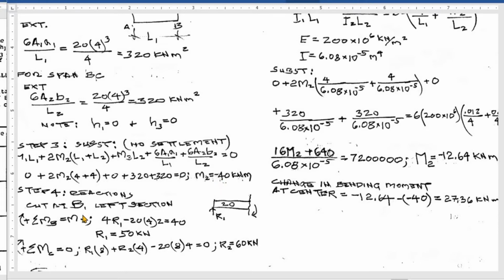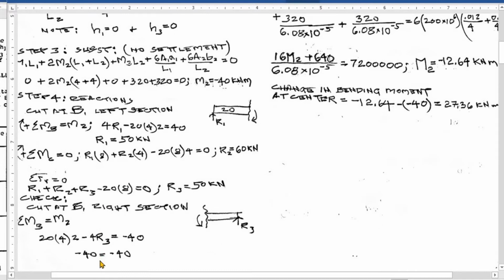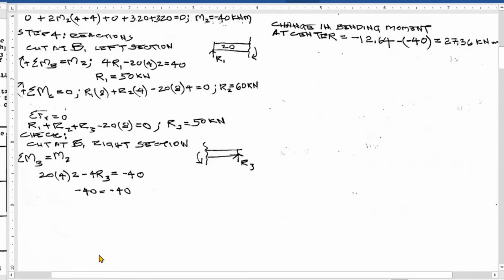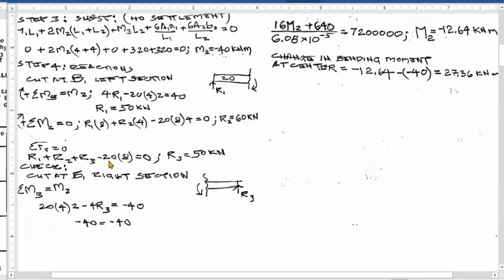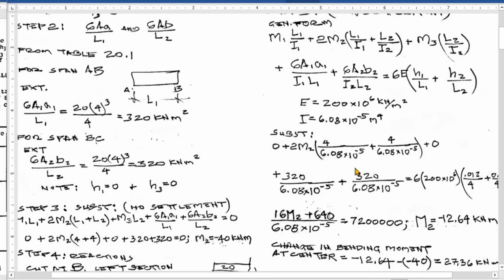And then, you solve for reactions dito sa step 4. And you get reactions 50, reaction 60, and reaction 50. And you check the summation forces vertical is equal to 0.